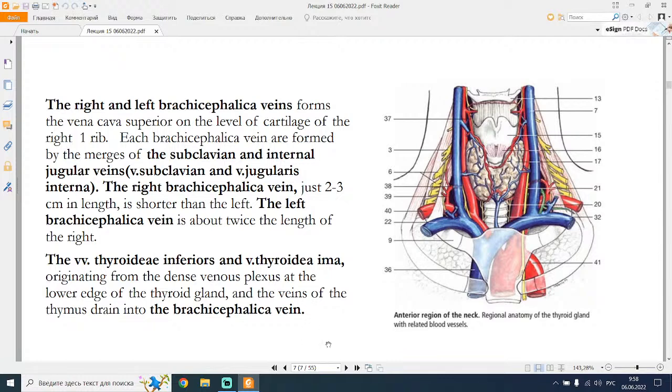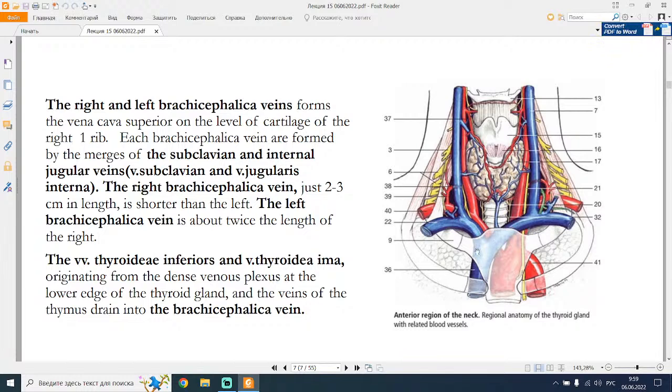The vena thyroidea inferior and vena thyroidea ima originate from the dense venous plexus at the lower edge of the thyroid gland. This is the thyroid gland, vena thyroidea inferior, vena thyroidea ima.